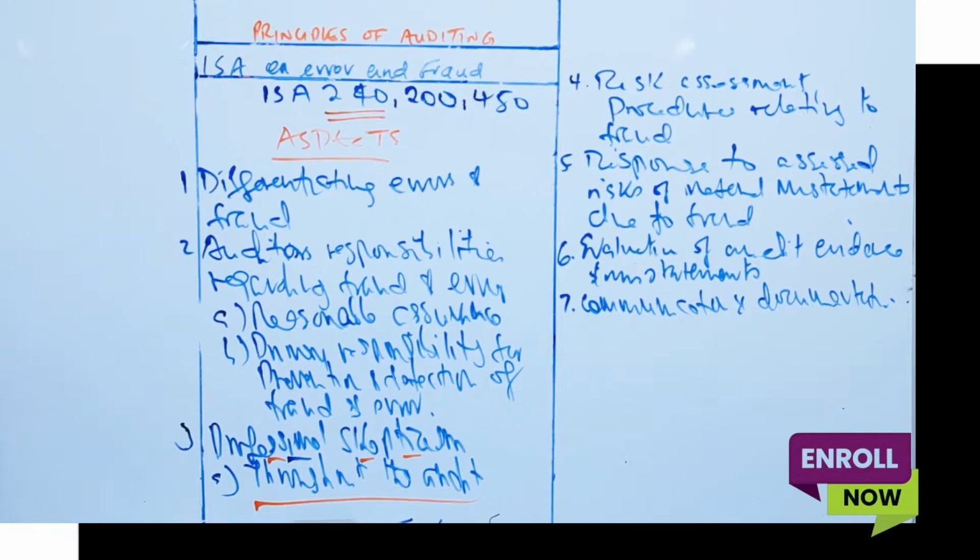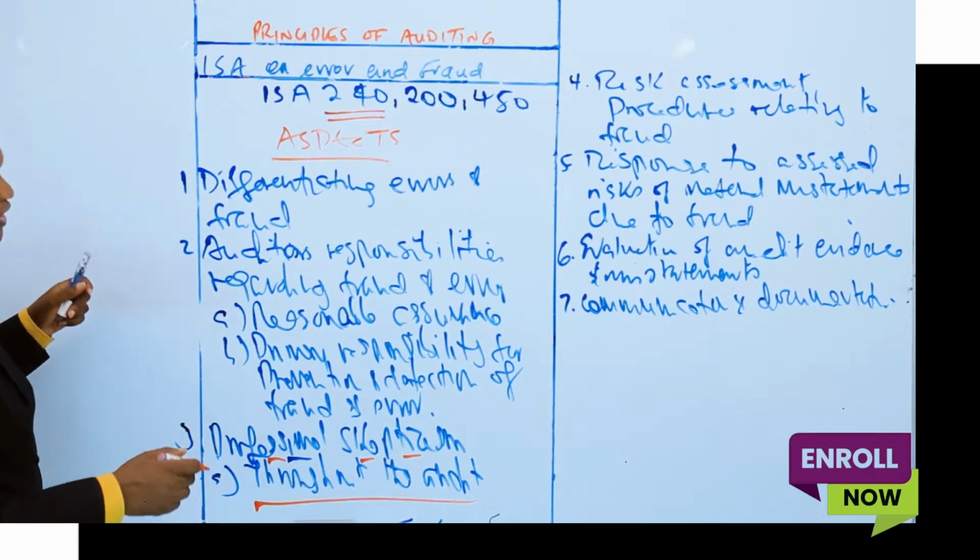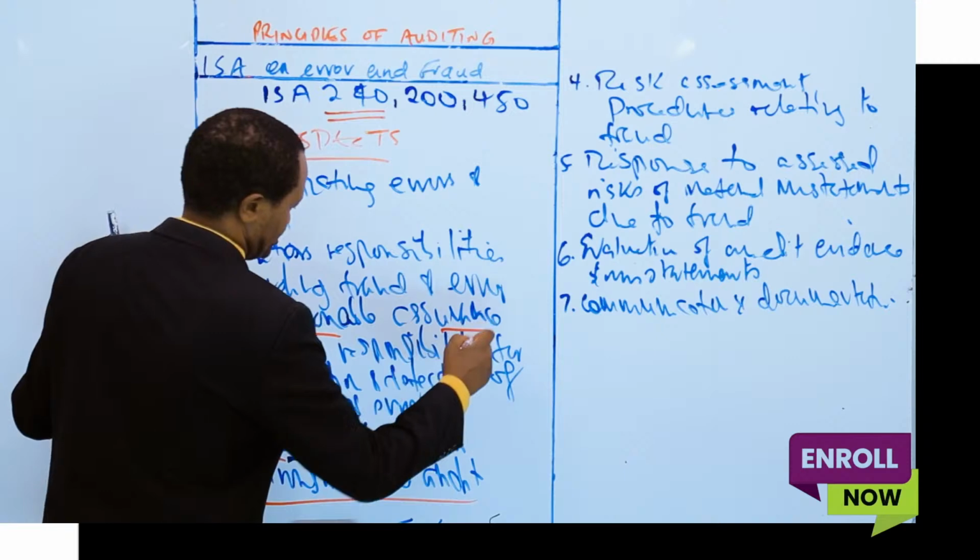The standard requires the auditor also to perform thorough risk assessments. The auditor is required to design appropriate responses and also communicate findings effectively to ensure reasonable assurance about the financial statement. The auditor is required to provide reasonable assurance.